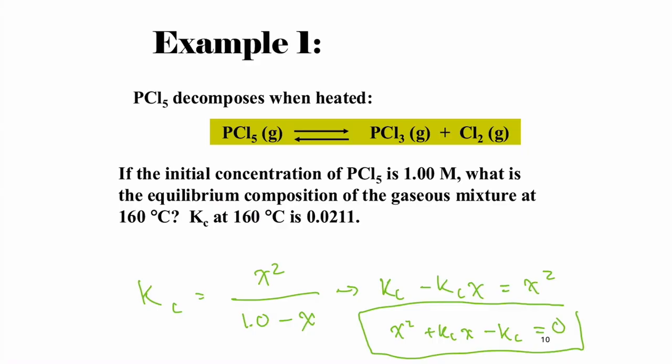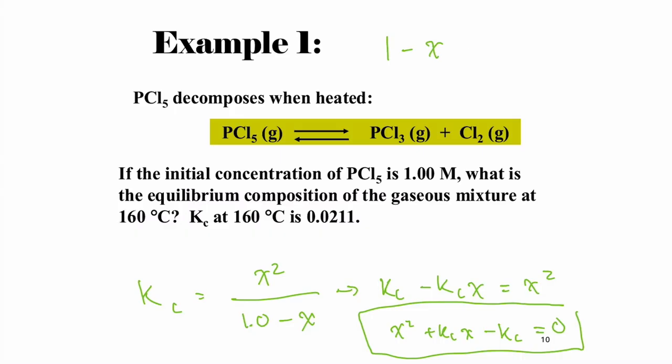And the reason it won't make sense if it's a negative value, it means that if you look at your initial concentration of PCl5, if you have 1 minus x and x is negative, that means that you're gonna end up with more reactants than what you started off with, which doesn't make any sense because this is decomposing, right? It should be decomposing into the products. You can't end up with more reactants than what you started because you don't have any products when you start an initial mixture, right?